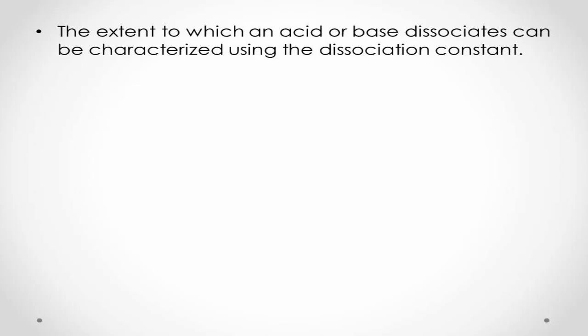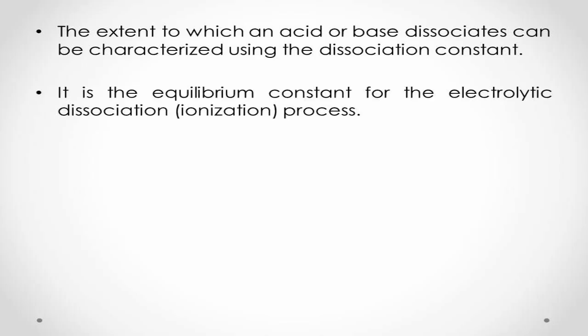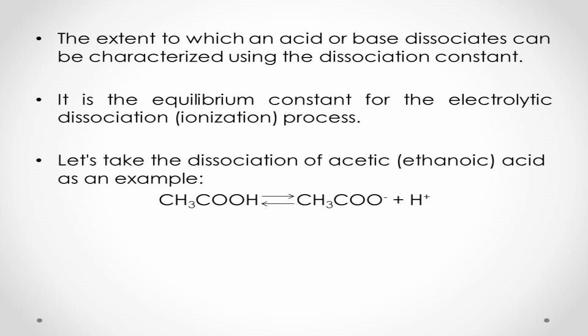The extent to which a weak acid or base dissociates can be characterized using the dissociation constant. This is an equilibrium constant for the electrolytic dissociation process. Let's take the dissociation of acetic acid as an example. It breaks down into the acetate ion and the H plus ion.